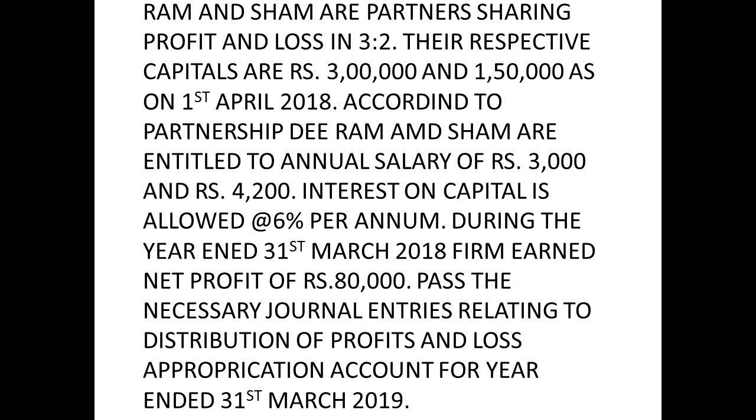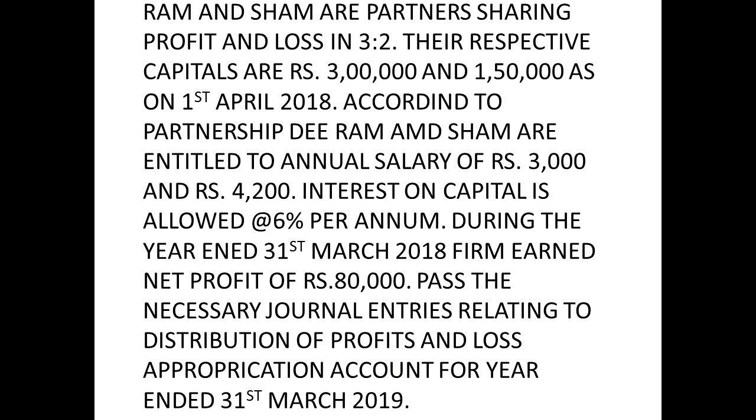In the given question, there are two partners, Ram and Shyam, and the profit sharing ratio is also given in the question, 3:2. When they started the business, Ram's capital was rupees 3 lakh and Shyam's capital was rupees 1,50,000.